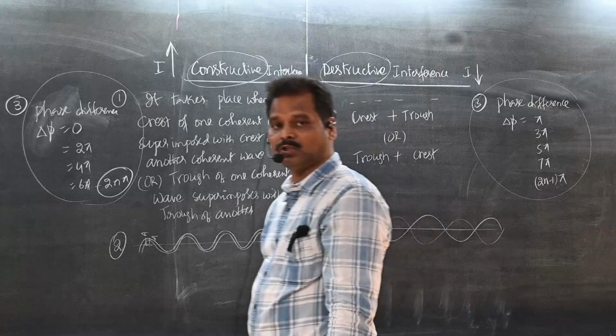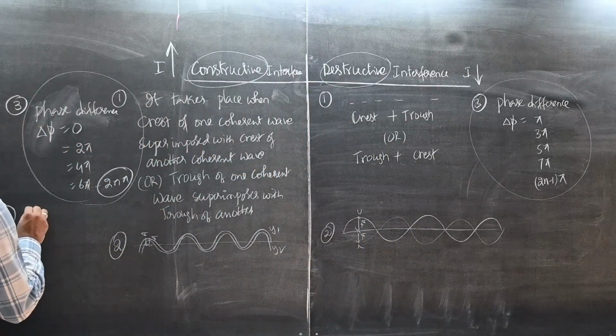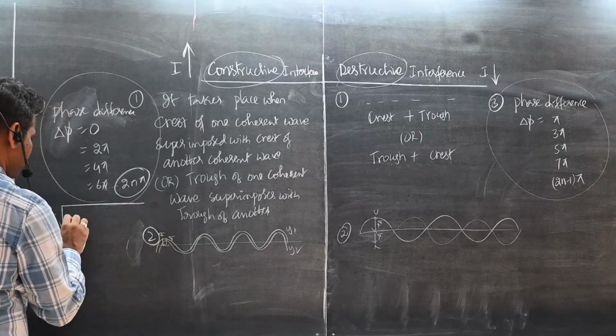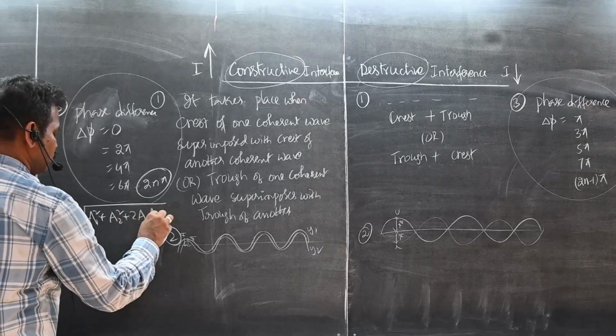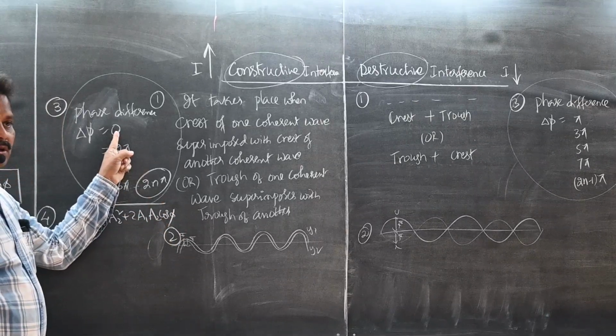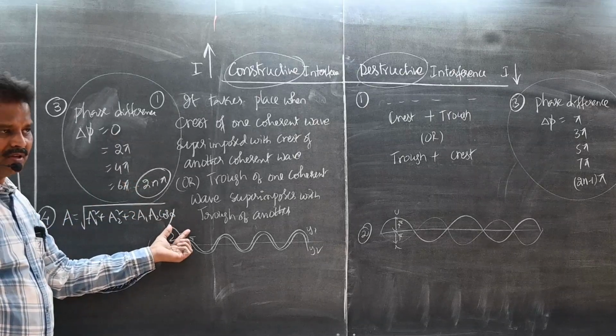Now see this one, fourth point. What is the amplitude? Root over a1 square plus a2 square plus 2a1 a2 cos phi. But what is phi, students? 0, 2 pi, 4 pi. First I will take 0 only, easy calculation.